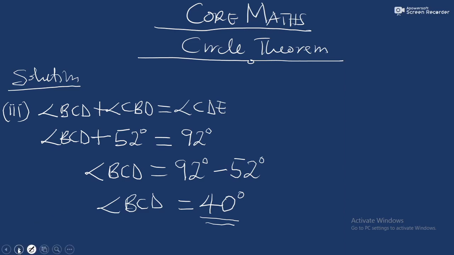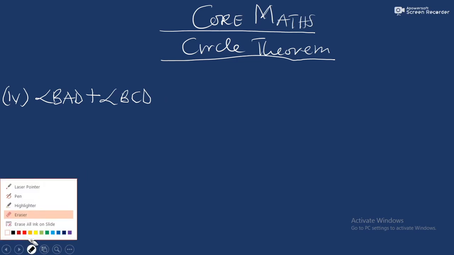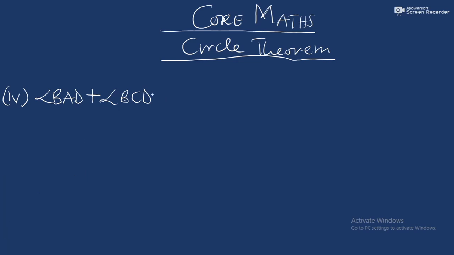Good. So finally, let's look at the last one, that is IV. So with IV also we have angle BAD plus angle BCD should be equal to 180 degrees.